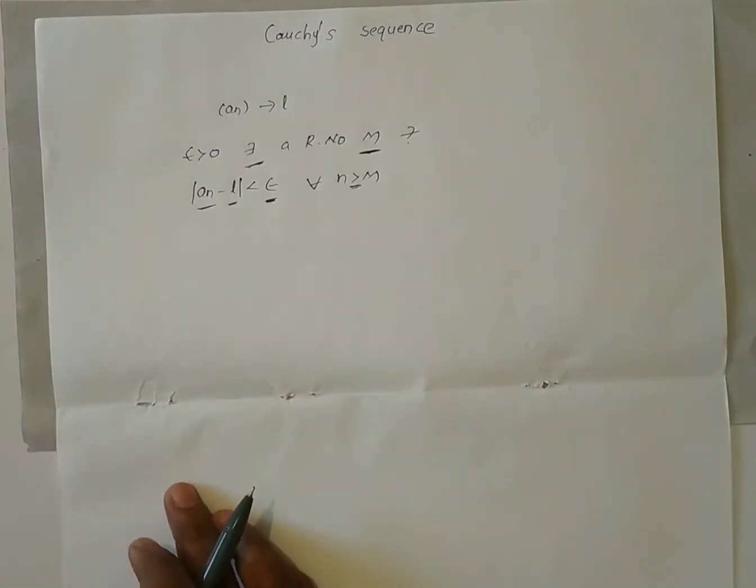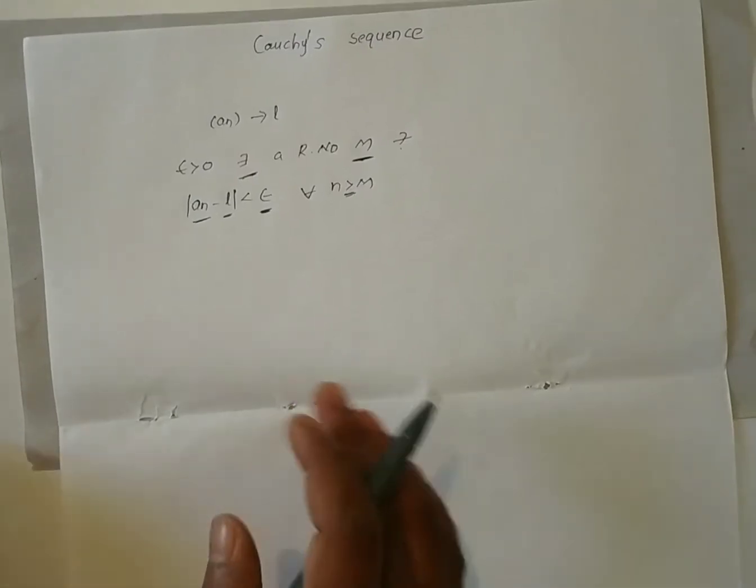Now let us see the definition of Cauchy sequence. Write down the definition of Cauchy sequence.